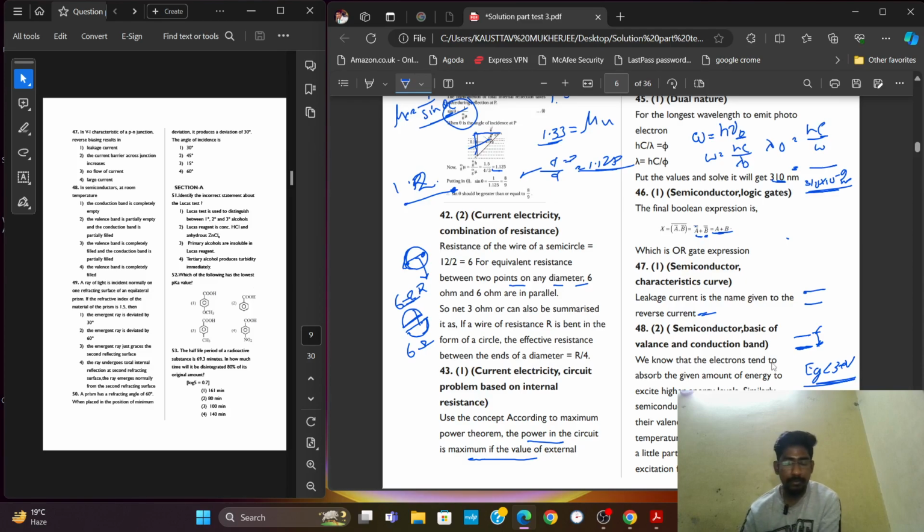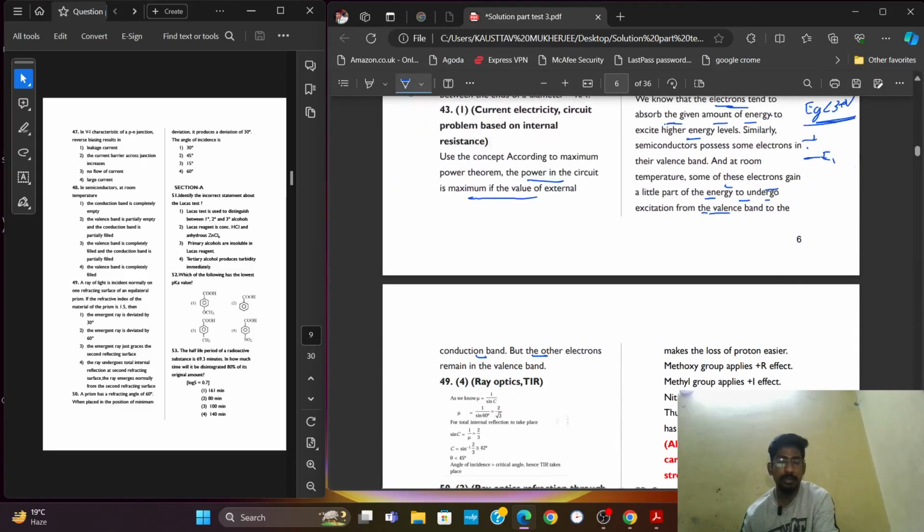From the semiconductor concept, we can say that electrons, if they absorb a certain amount of energy, will go from a lower energy level to a higher energy level, as we all know. At room temperature, some of these electrons gain a little energy to undergo excitation from the valence band to the conduction band, right? But the other electrons remain in the valence band.